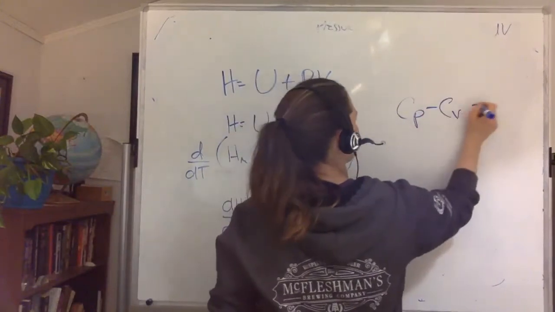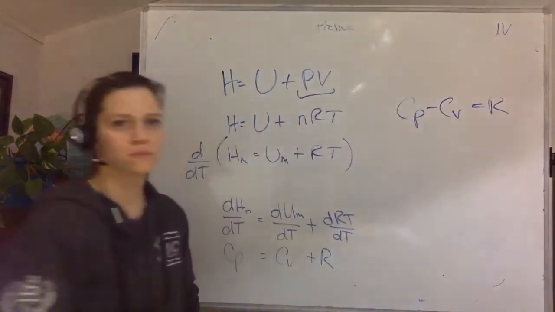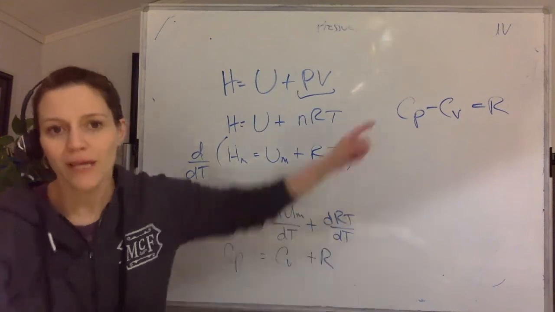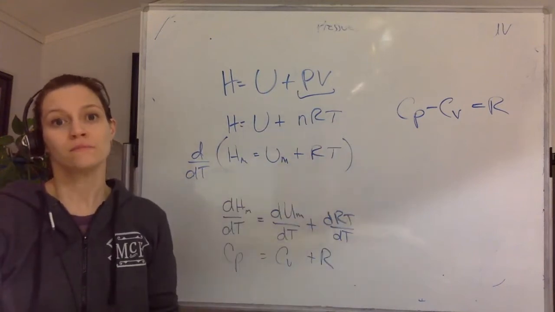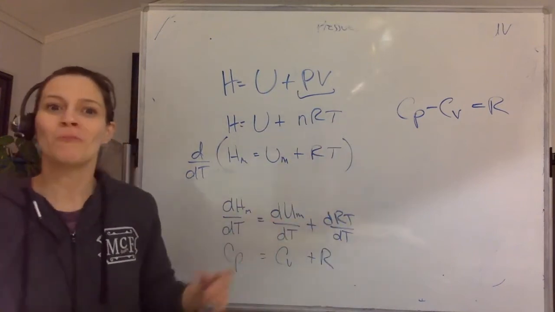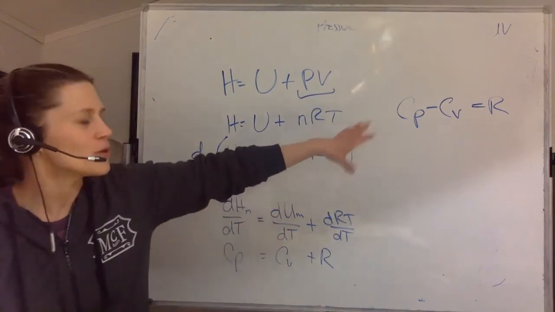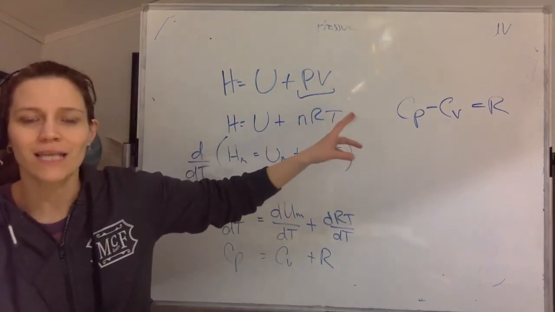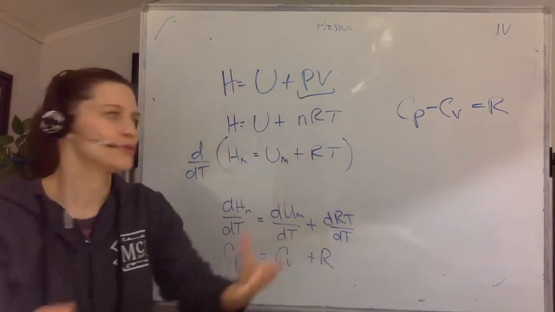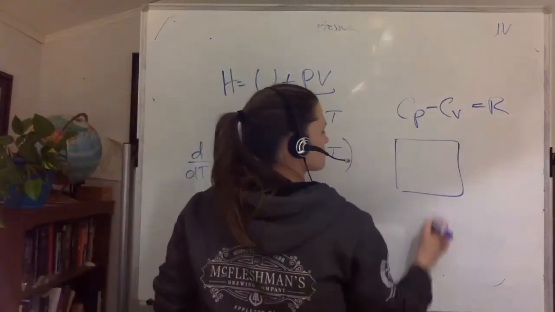Cp minus Cv equals R. Explain that to me. Seriously, you should be able to. This is a beautiful relationship between the two heat capacities, and I think it really shows you the difference between these two pictures.